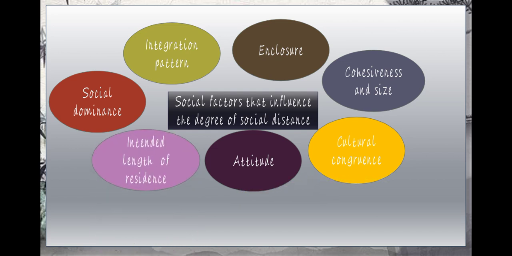Then the next factor is intended length of residence. It means that if the second language learning group intends to remain for a long time in the target language area, it is likely to develop more widespread contact with the target language group.